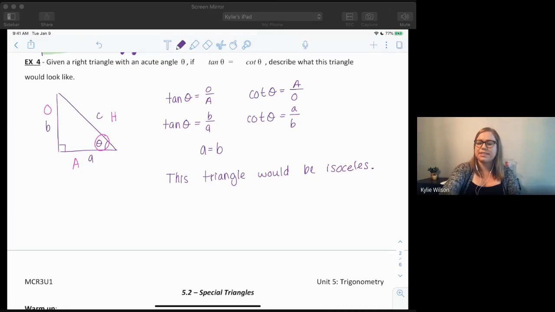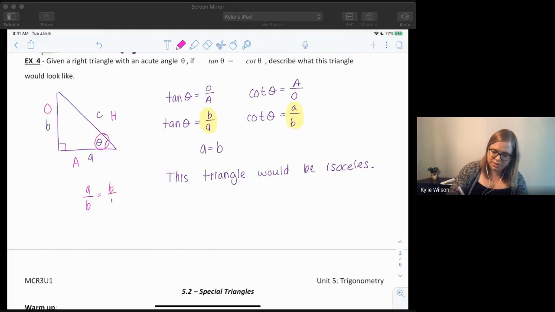We're okay? So how I got it was I need this to be equal to this. The only way that that could be true is if A and B were the same things. That's the only way I could have A over B equaling B over A. You could try to isolate it, but even just from here, for these two expressions to be equal, this has to equal that.